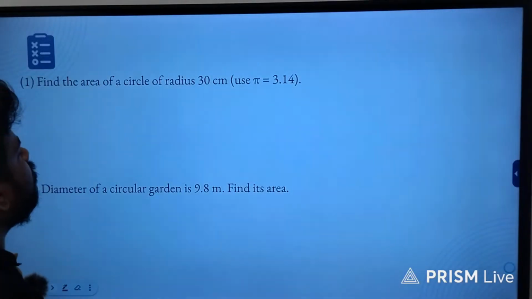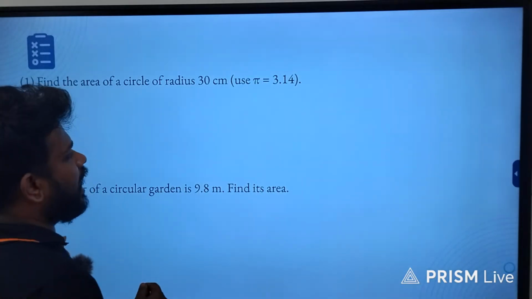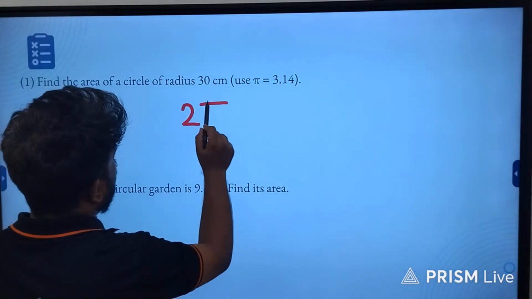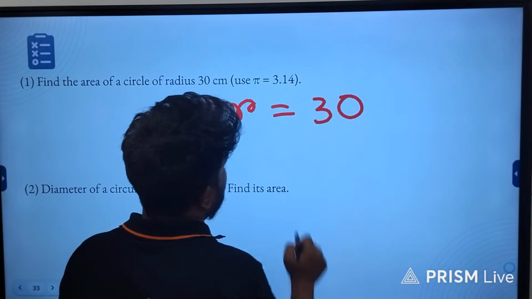Find the area of a circle of circumference 30 centimeters, use pi as 3.14. For that we know the formula of the circumference is 2 pi r, and it is given as 30.